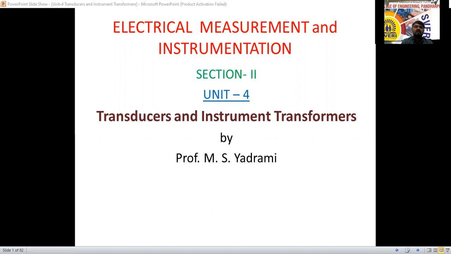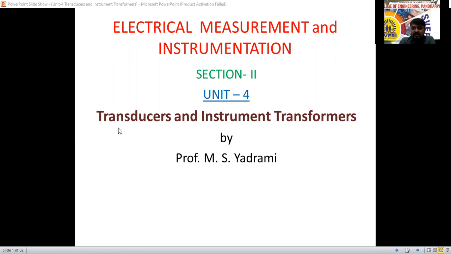Your branch is electrical, so we are going to concentrate much on electrical transducers, which convert one form of energy to another form. Physical or mechanical quantity into electrical quantity, that we are going to call electrical transducers here.